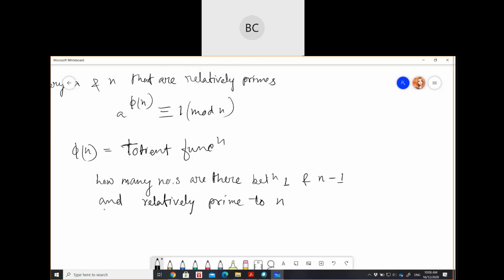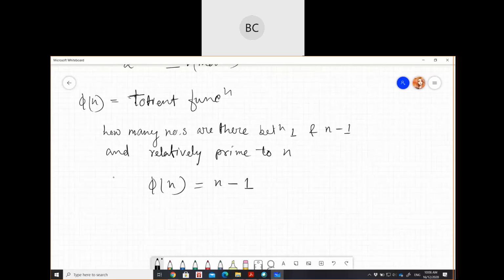So for prime n, we can write phi of n equal to n minus 1. Remember, this is just one type of case. Then again you can write n equal to p into q, where p and q are two primes. This is the function we use in RSA. Remember, we take p and q, then find the product, then we find this value.